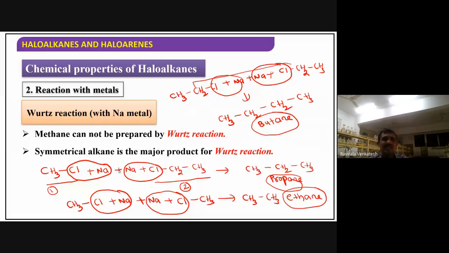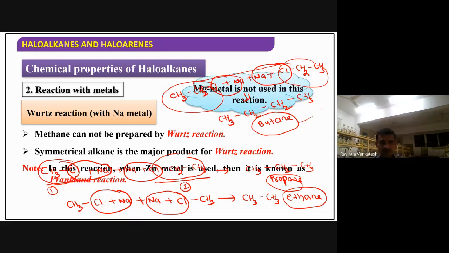Symmetrical means same alkanes. If we get the same, that will be the major product. Different ones we will get otherwise, isn't it? So here we get different types of products. If I take the same like this, then only will the products be the same type. So this is the meaning of this.